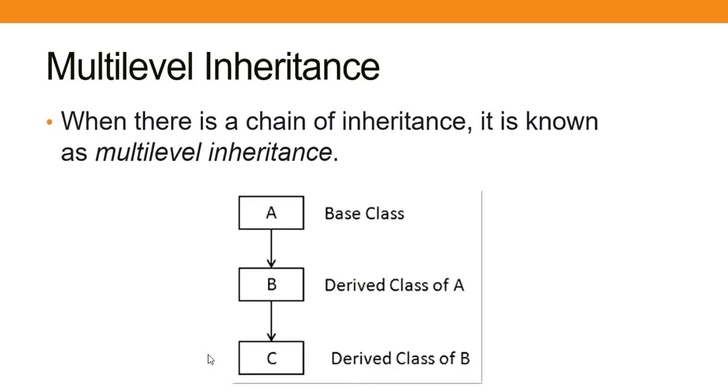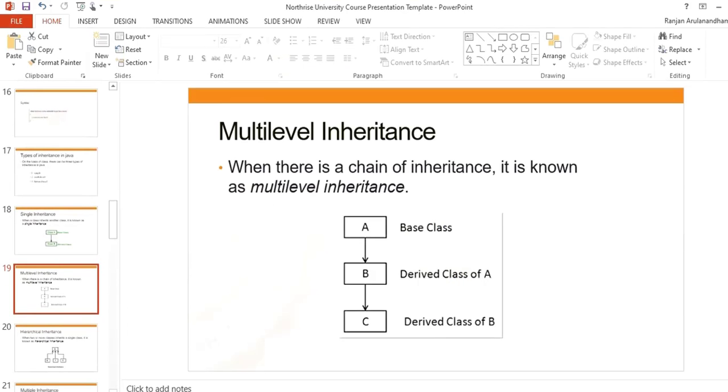Let me give you this example so that you understand how multi-level inheritance works in Java. I'm sure you have already seen single inheritance. Now let me show you multi-level. This is an example diagram. From your grandfather it reaches your father, and from your dad, now you took over the properties, right?